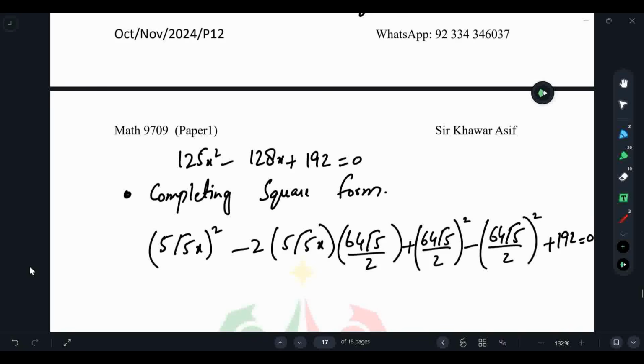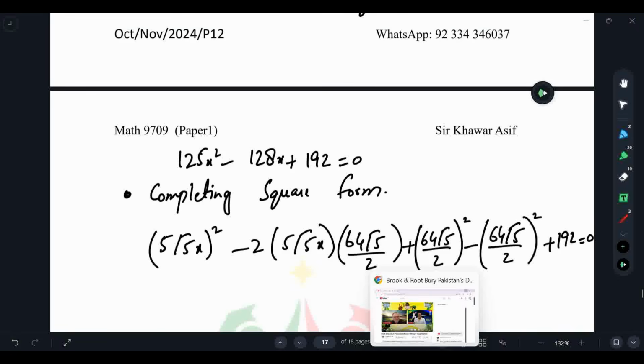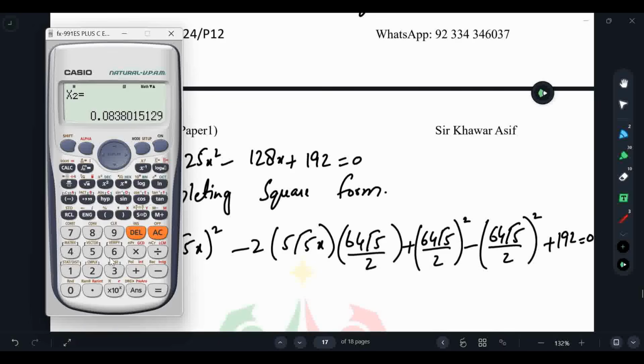These two expressions are the same. We can cross check this one also, that this will be like 2 multiplied by fraction 64 square root of 5 divided by 2 multiplied by 5 square root of 5.